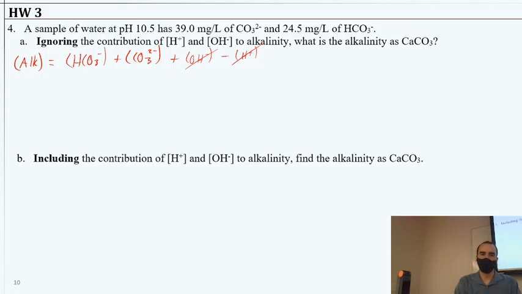And so the real challenge or task is to convert the carbonate and bicarbonate into the units as CaCO3.